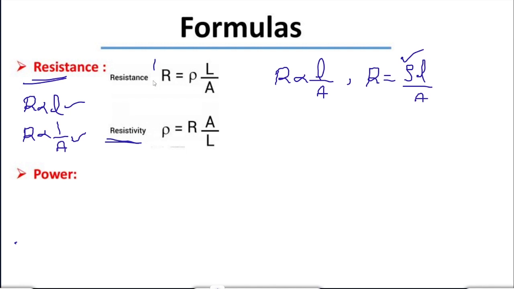L is here the length of the conductor. A is the area of cross section, right? And rho is resistivity and R is resistance.